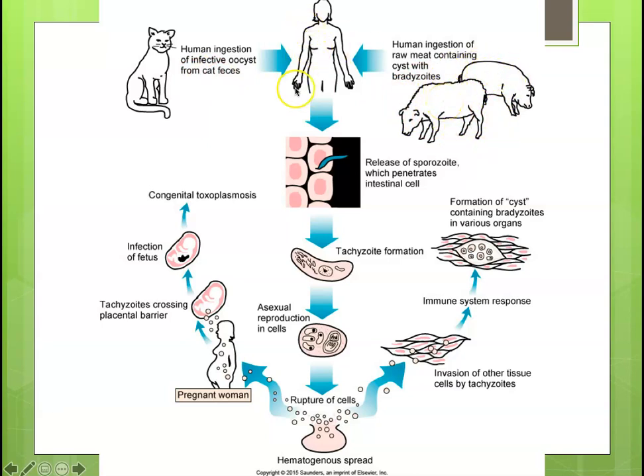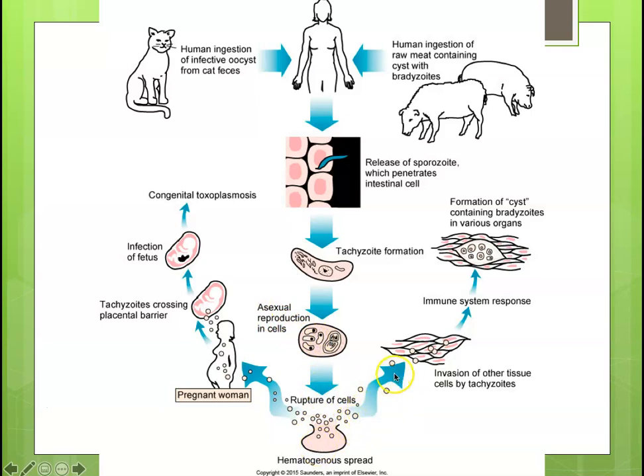If we were to not thoroughly cook this animal meat, we could get infected that way. In either case, sporozoites get released, penetrate the intestinal wall, tachyzoites form, they invade any nucleated cell, and asexual reproduction occurs, and the cells will rupture.